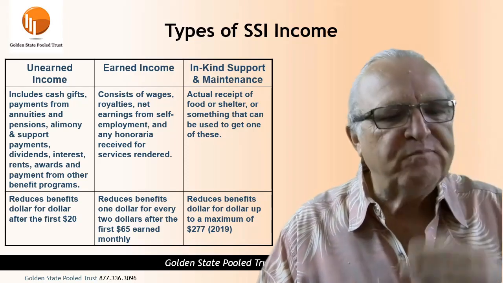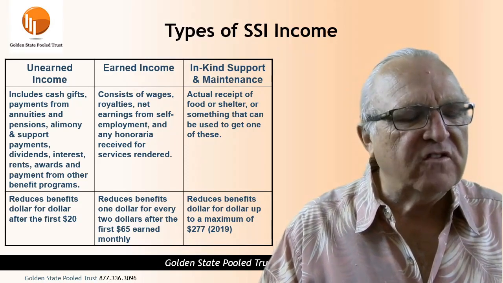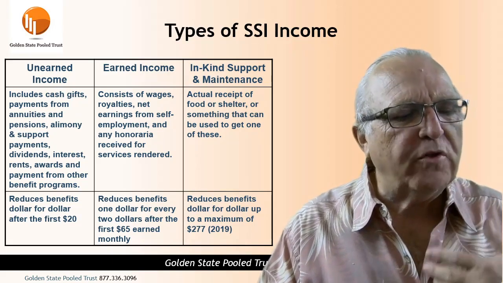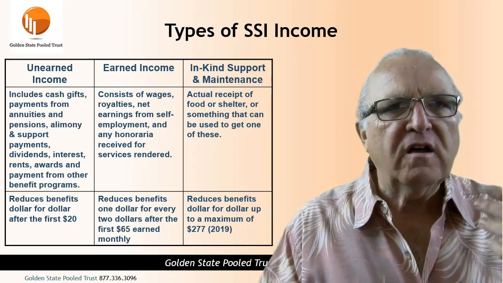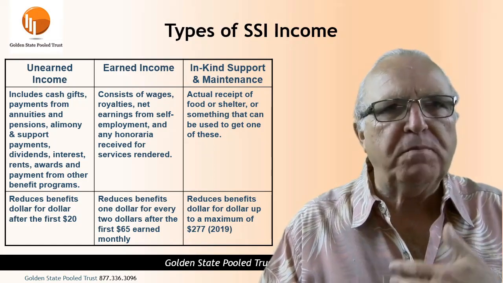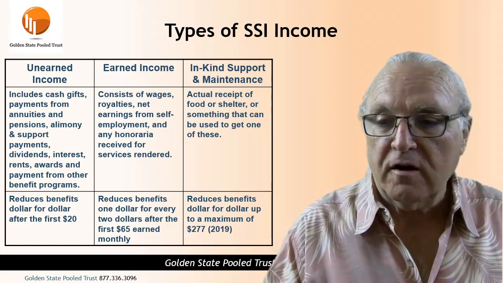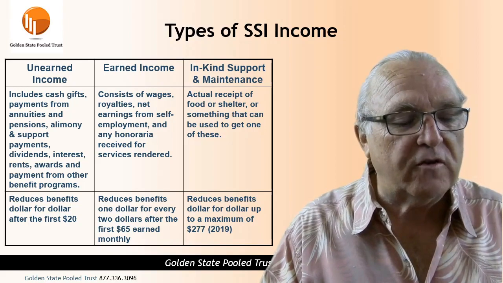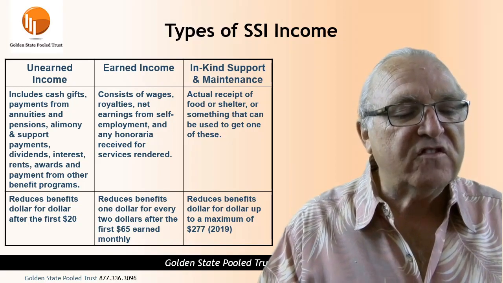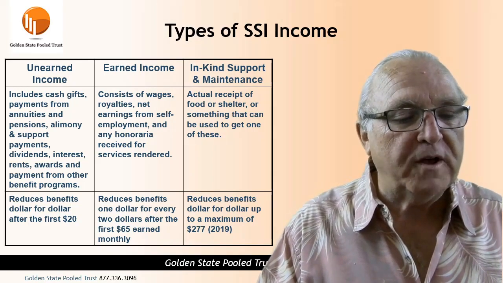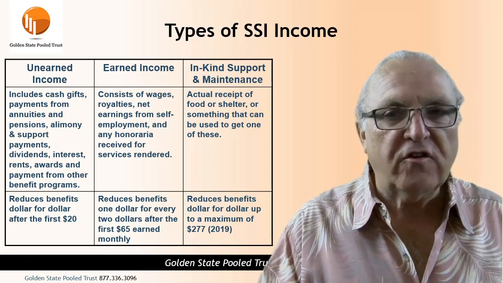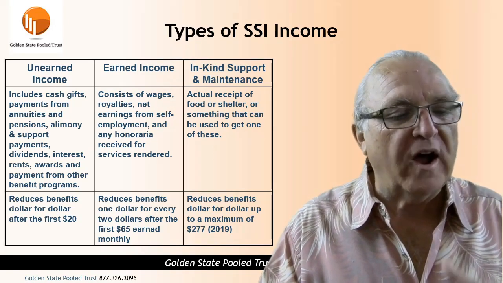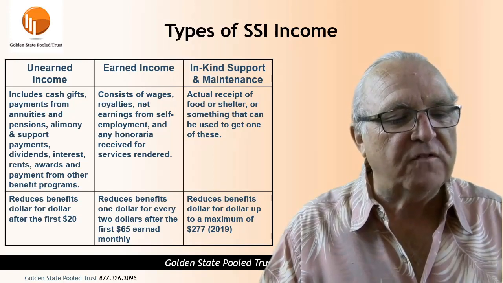The concept is that if you're getting assistance with your shelter from somewhere else, it could be a gift from family members, it could be living in somebody's house and not paying fair market rent, or any of these other things, the assistance you're getting reduces your benefits dollar for dollar, capped at 1/3 of the federal benefit rate, which right now would be $277.